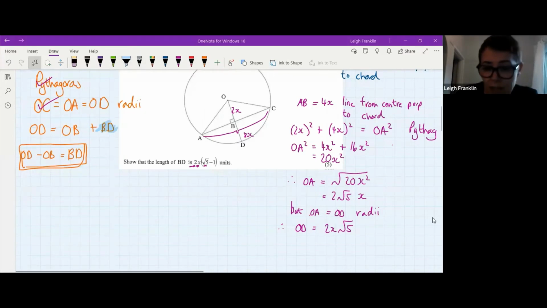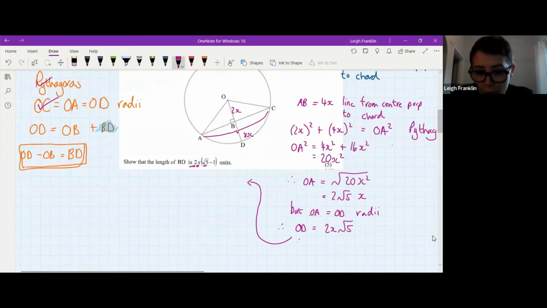Okay, so I think that's a good place to go. So what I'm going to do is I'm going to write, I know this is not great, and this is why I would only do this online. I should carry on writing underneath, but I want to write over here so that I've got my answer visible as well. Okay, so now we have established that OD is the sum of OB plus BD.